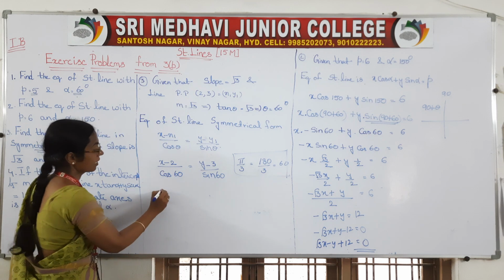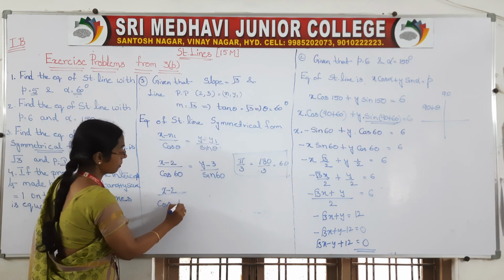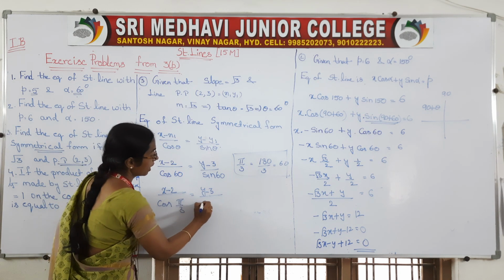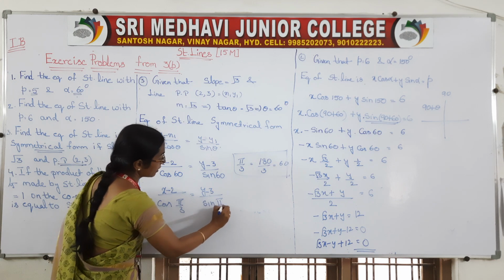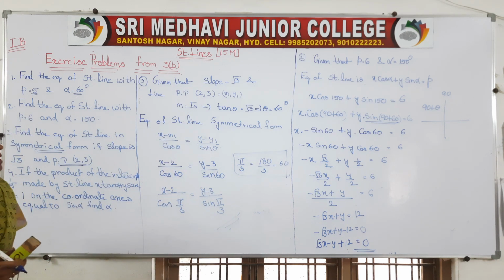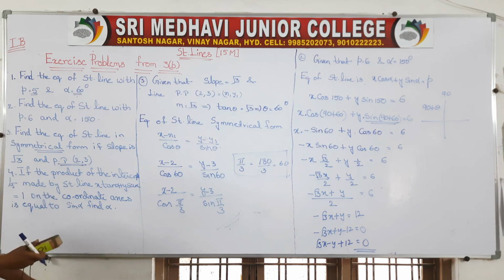So we can write this answer as (x minus 2) by cos pi by 3 is equal to (y minus 3) by sin pi by 3. This is your symmetrical form of a straight line equation.